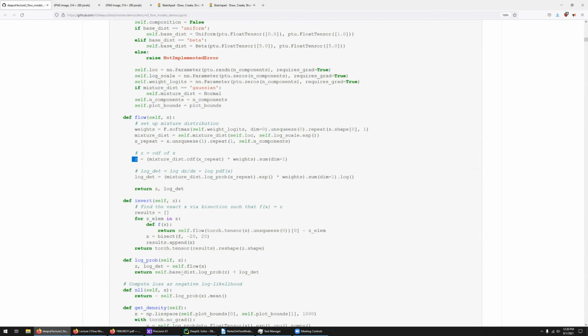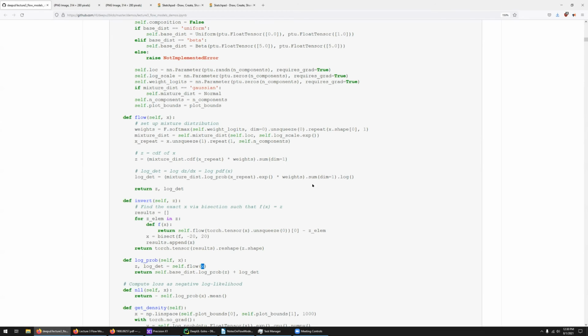log probability, right? So here in this case, in the flow, you send x, and it just calculates the CDF and then the derivative part of it, which is the log probability. It takes the log probability, takes the exponential, multiplies it by the weights, and then takes the log of it again.